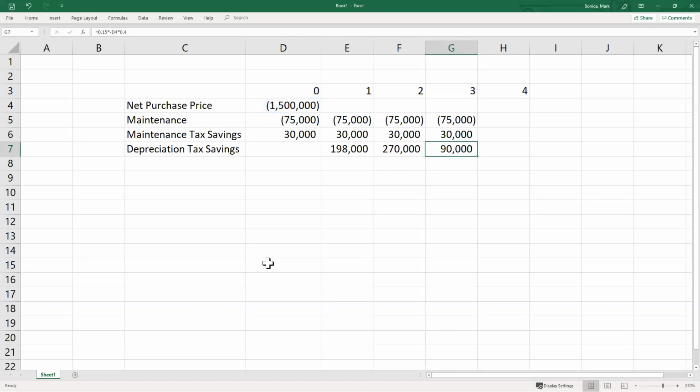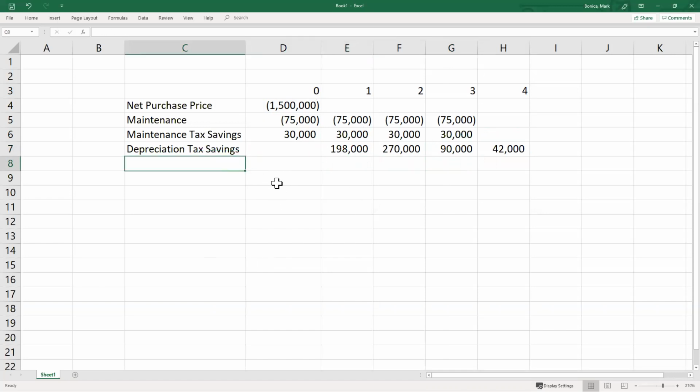I get 90,000 in tax savings, and then again in year 4, we get 0.07 times the purchase price, negative, times 0.4, 40%, and we get 42,000. So this line captures how depreciation reduces our taxes.